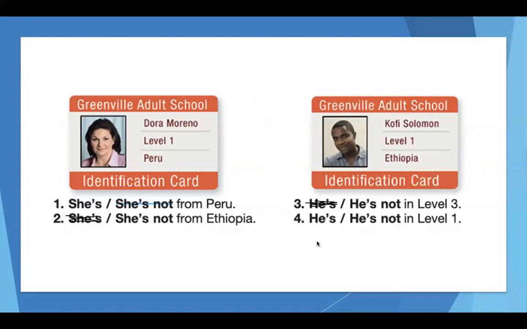Now, I may have given away the answer for question 4. Would we say he's in level 1 or he's not in level 1? In this case, we'd say he's in level 1 because this is true. He is in level 1.